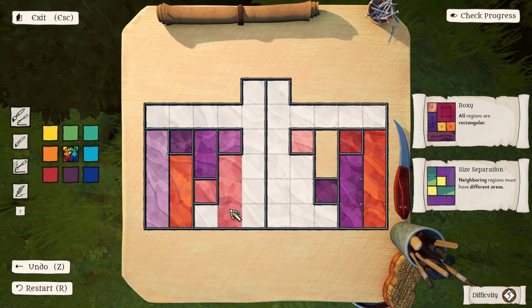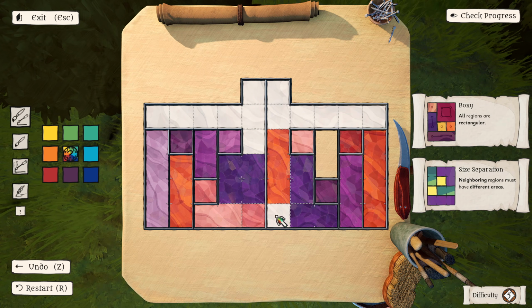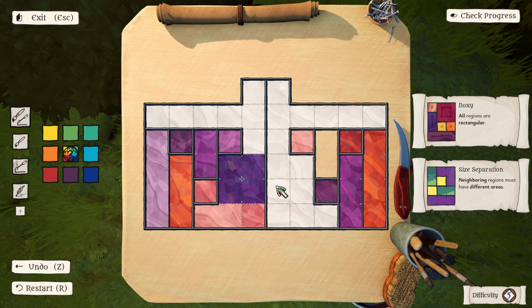Can't be this, because that would make a 1. How do I get this out?